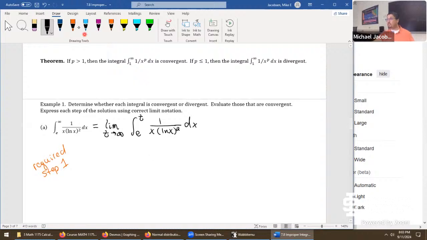So that's our required first step. We have to indicate the limit, and we have to send t in the direction of infinity, replacing infinity with that t there. Then we're on the right track. From then on out, it's just a matter of solving this, finding the antiderivative, and then taking the limit.